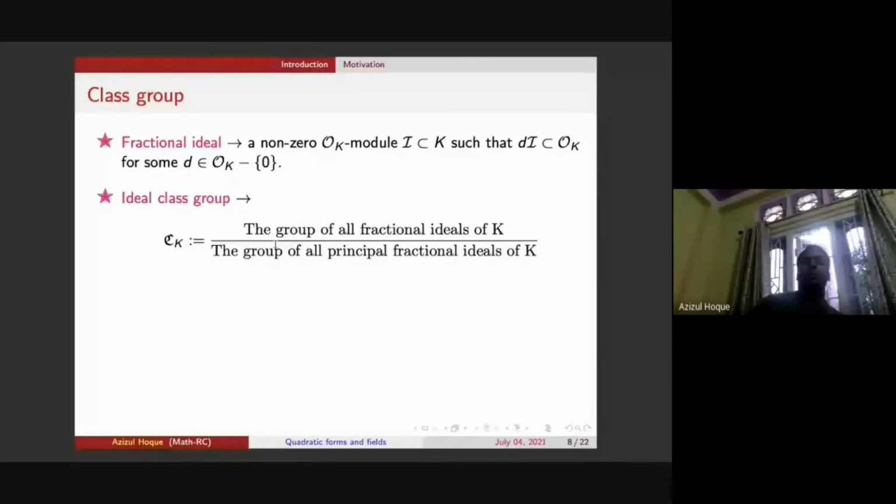So previously we had a form class group, but here we have this ideal class group, and the cardinality of this group is known as the class number of the field K.